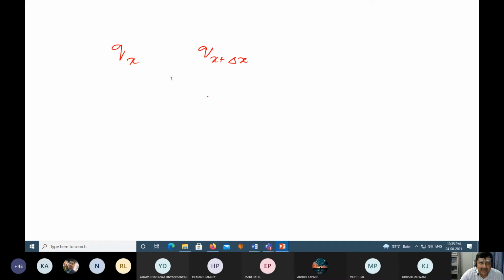Now we can consider that this is a steady heat conduction that is going on, right? So Qx into Ax minus Qx into Ax plus delta x should be equal to what? In steady state it should be equal to 0, right?